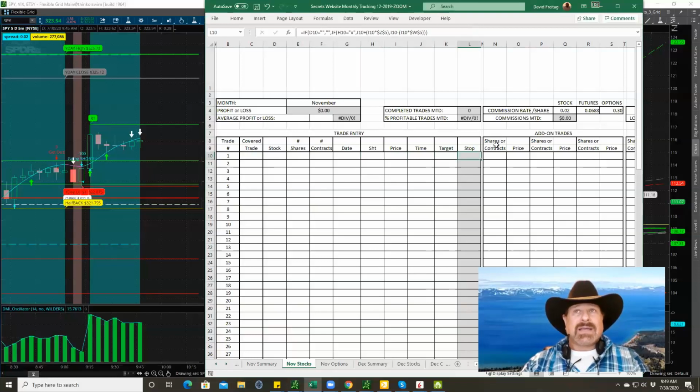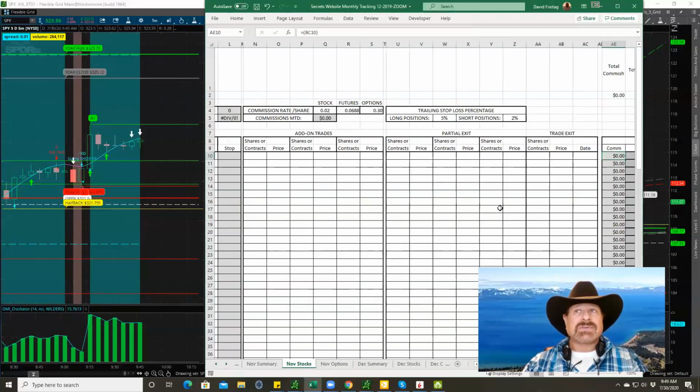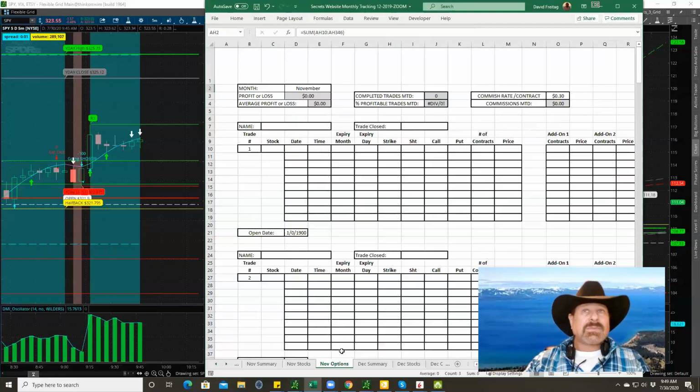So I have that all in there. And then if I add in any positions, and then as I take partial or complete exits on the trade, and then I keep track of my P&L. I have my commissions and all that stuff in there. So it's all pretty much automated. And I do that also for my options trades.